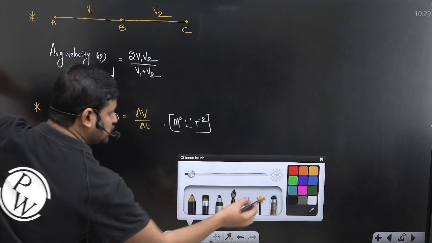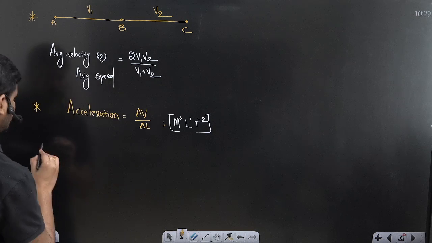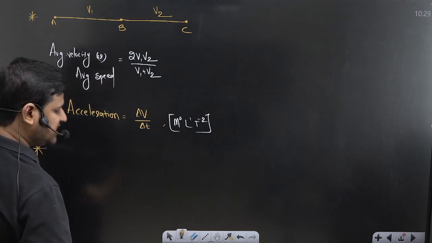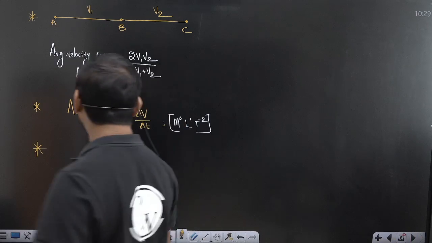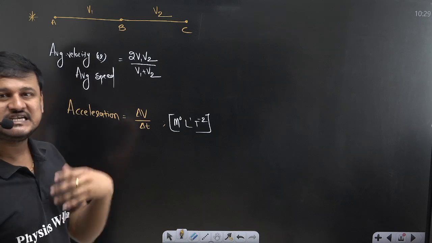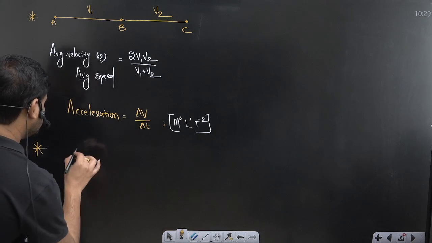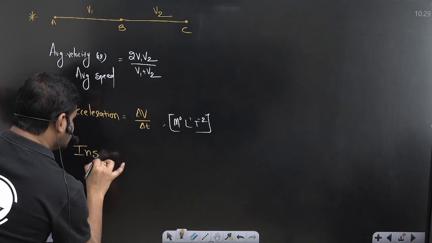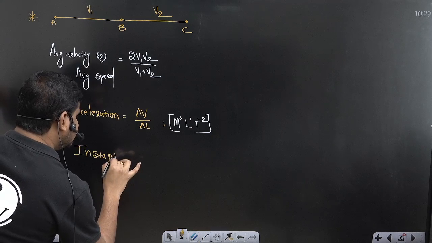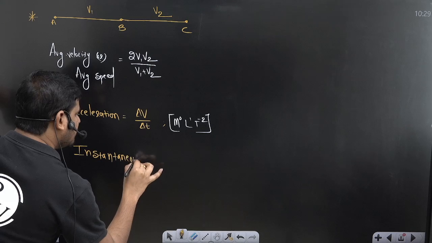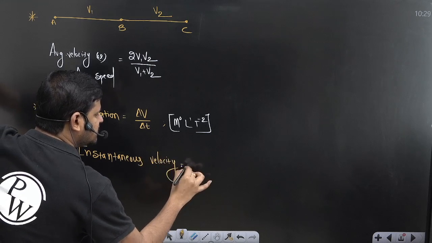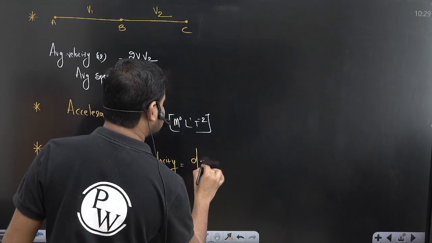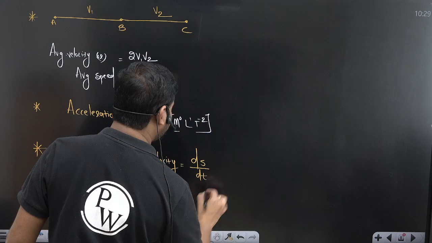And then we discussed what is average velocity and what is instantaneous velocity. So what is instantaneous velocity and what is instantaneous acceleration? The term instantaneous velocity is simply ds by dt, the slope of the st curve.